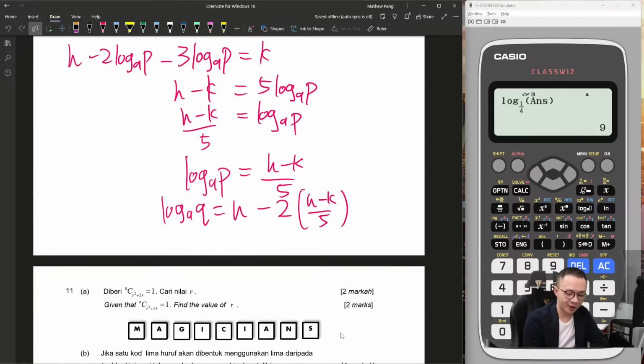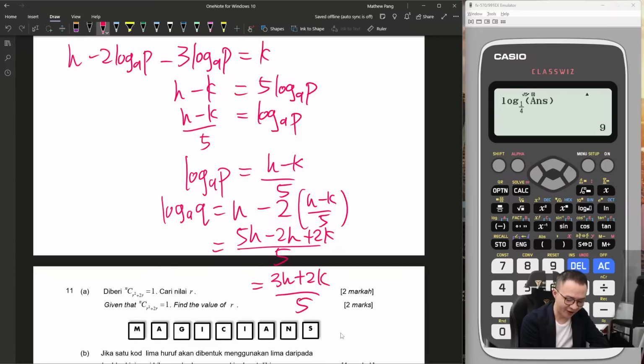Making them the same denominator 5, this is 5H minus 2H plus 2K, so this should equal 3H plus 2K over 5.